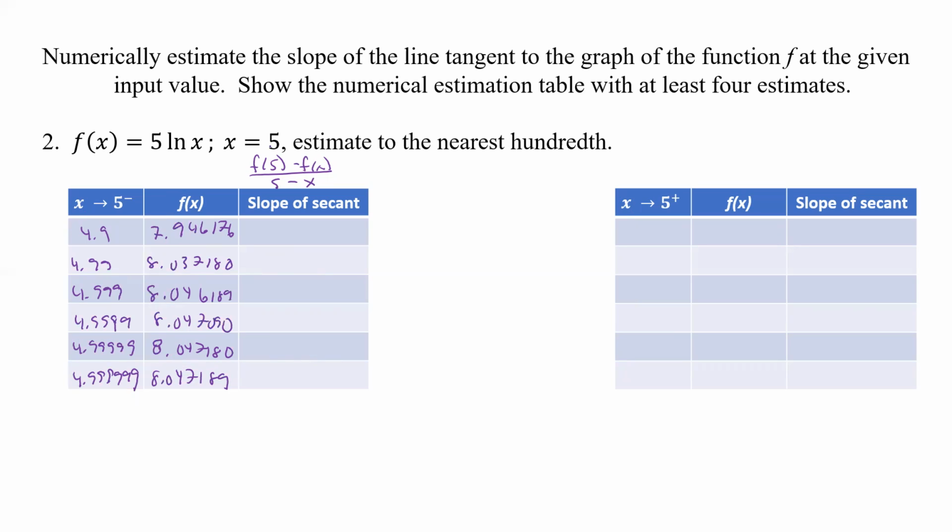Okay. Now we're going to plug all that stuff into here. So 5 times ln of 5 is equal to 8.0471895562. And then we're going to subtract off of that the 7.946176, and then we're going to divide that by the 0.1.